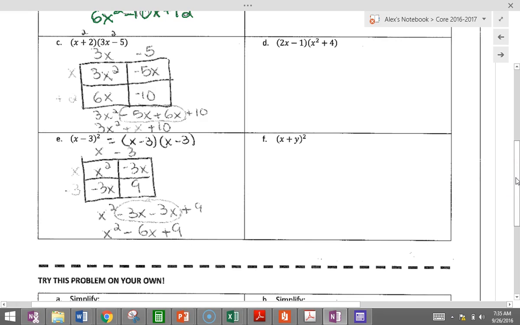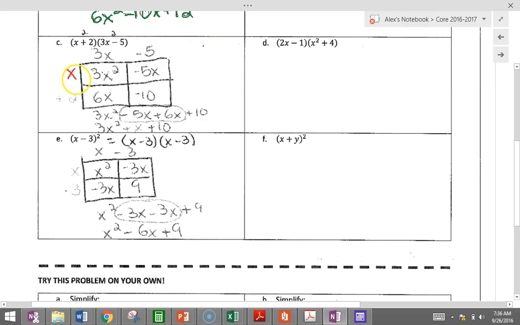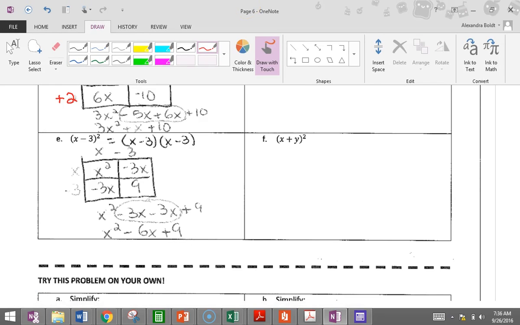All right, looking at C. x plus 2 times 3x minus 5. Now, this is a 2 by 2 box. So I have to create 2 by 2. On the side goes x plus 2. Make sure that positive gets written with the 2.